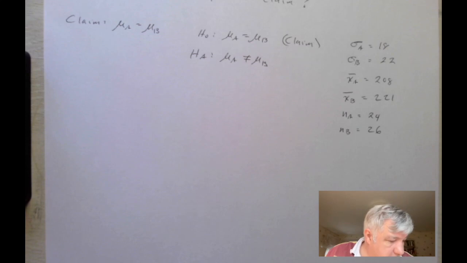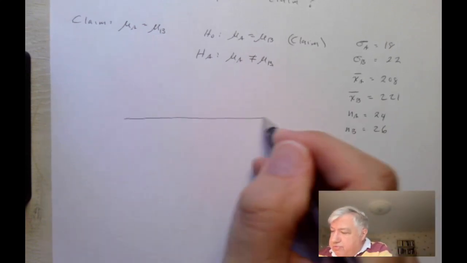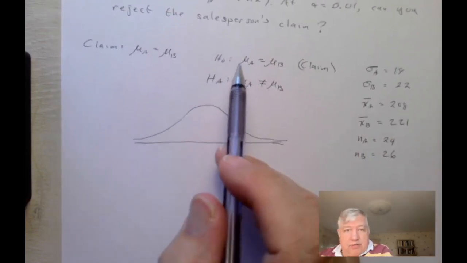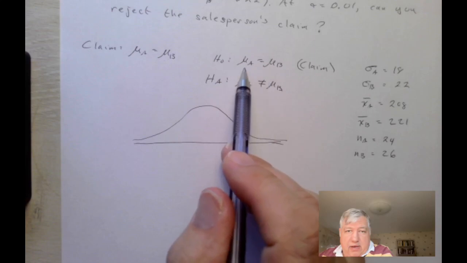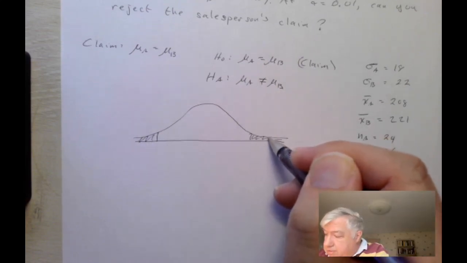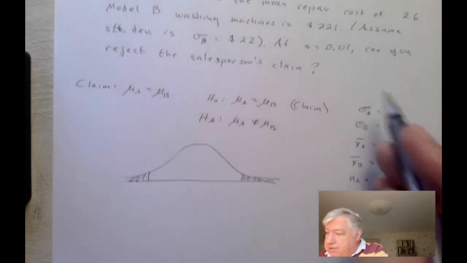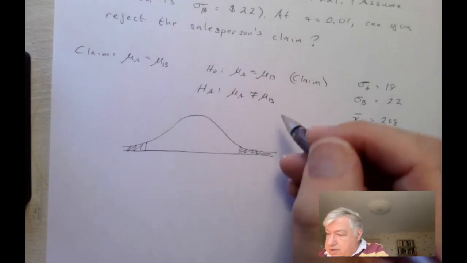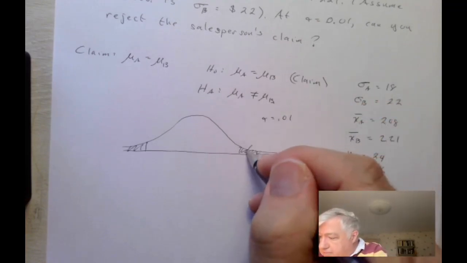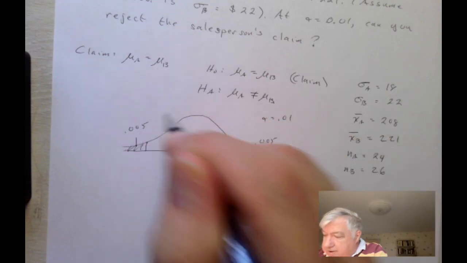Okay. Then we just have to plug in. Well, first we'll find our rejection regions here. So once again, because our null hypothesis says two means are equal, we use a two-tailed test. And our level of significance is 0.01. So since alpha is 0.01, we divide that by 2, we get 0.005 in each tail.